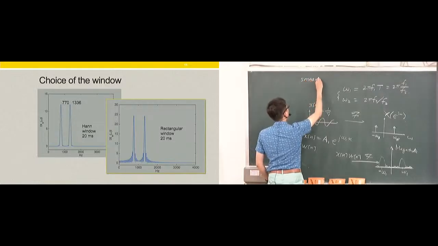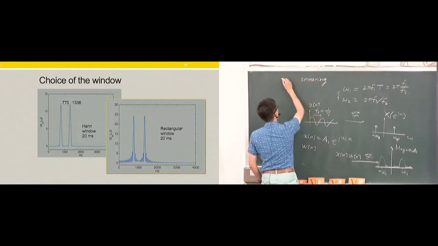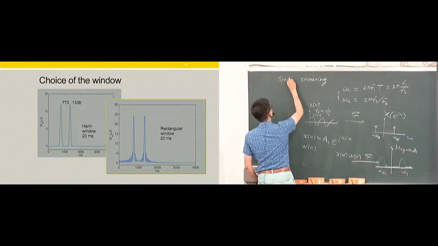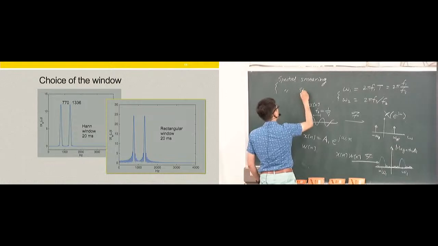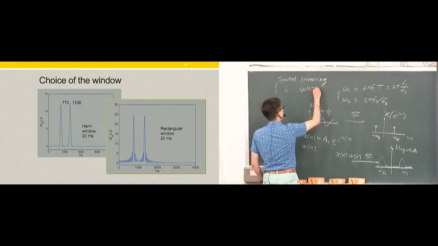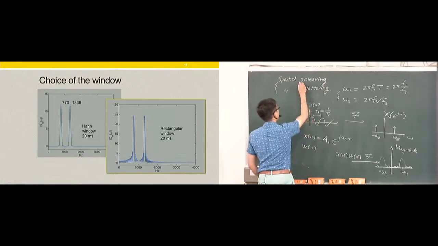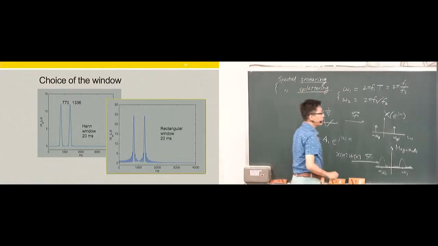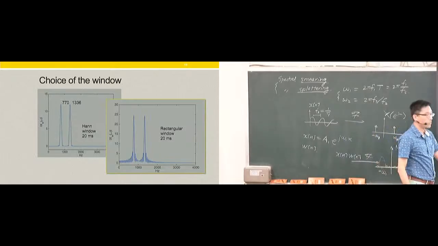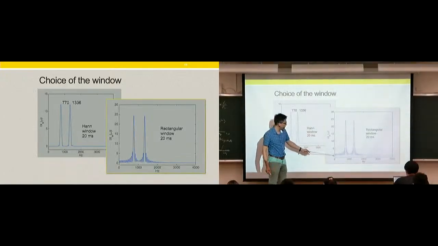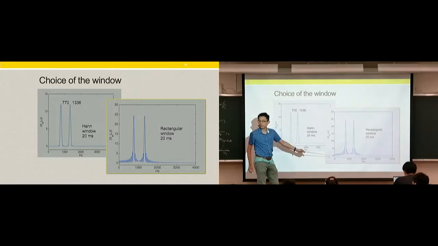Sometimes in the field of audio, people talk about spectral smearing, spectral splattering. 这两个字蛮有意思的啊。Smearing, splattering. Smearing means to widen the main lobe in this context. Splattering means that we have another side lobe that's outside the main lobe region.